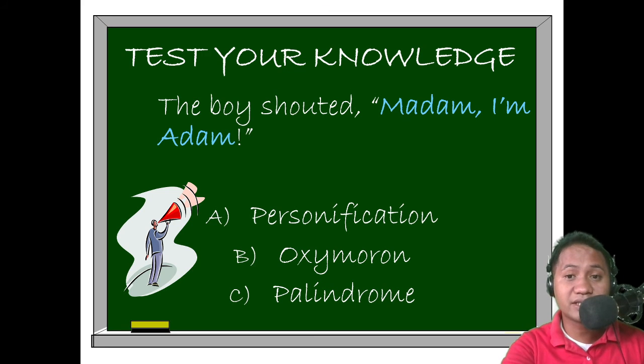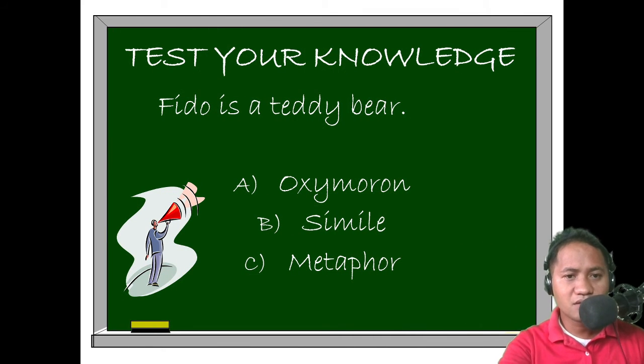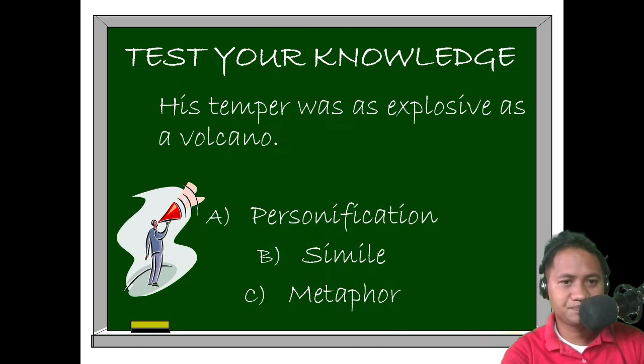The boy shouted, "Madam, I'm Adam." What is this? A. Personification. B. Oxymoron. C. Palindrome. Fido is teddy bear. Fido daw is teddy bear. A. Oxymoron. B. Simile. And C. Metaphor.